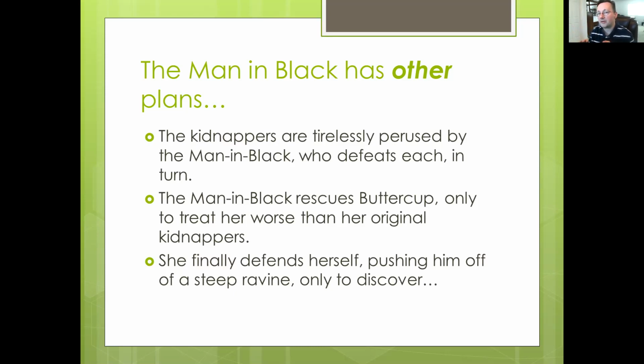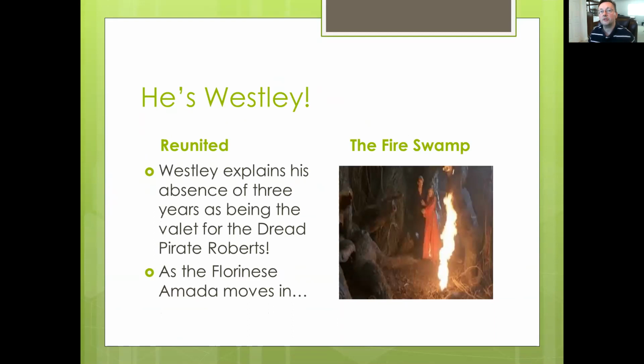But while he's distracted, she shoves him off of a steep ravine, only to hear him say, "As you wish," as he falls. Once she realizes that the man in black is Wesley, she flings herself after him in one of the more comedic moments in the book and the film adaptation. And the two are reunited on the floor of the ravine.